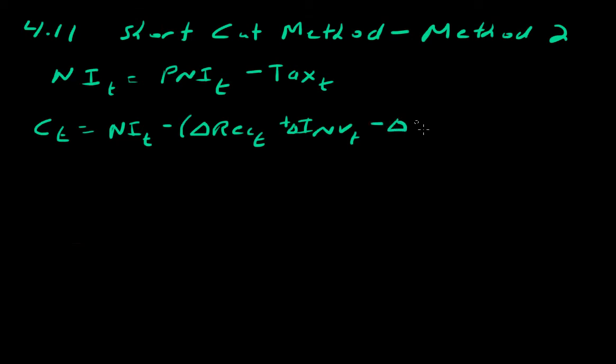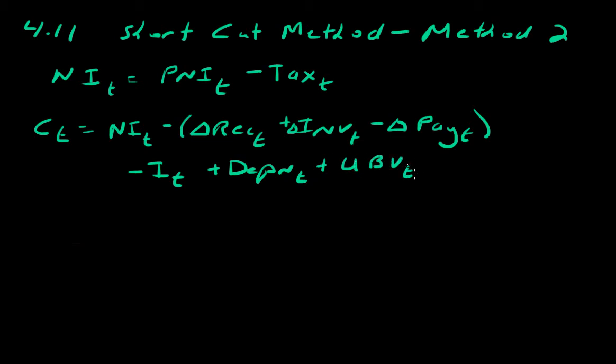And then finally, we subtract the change in payables. Then we also need to think about the investment. We make our adjustment for depreciation, and then finally our adjustment for UBV. Recall that this is undepreciated book value.